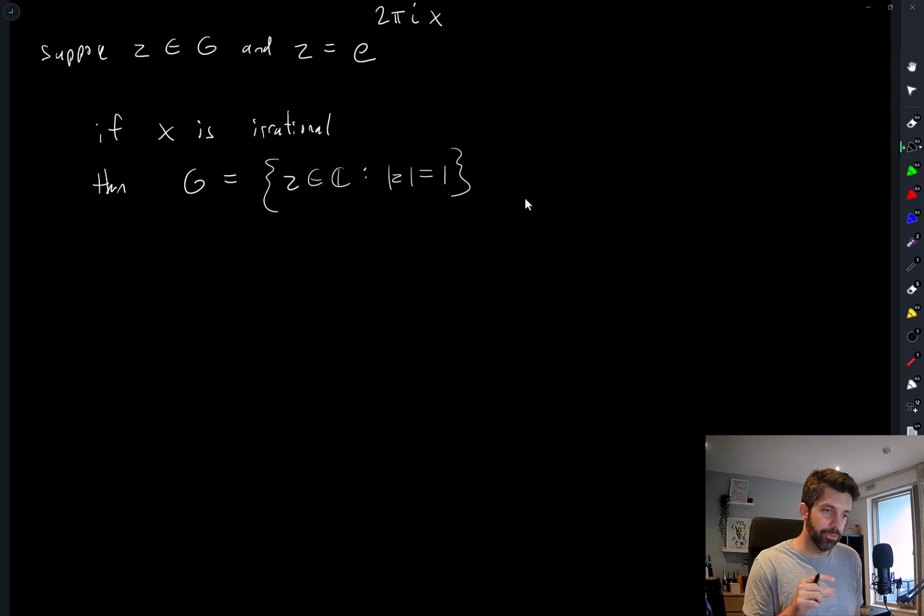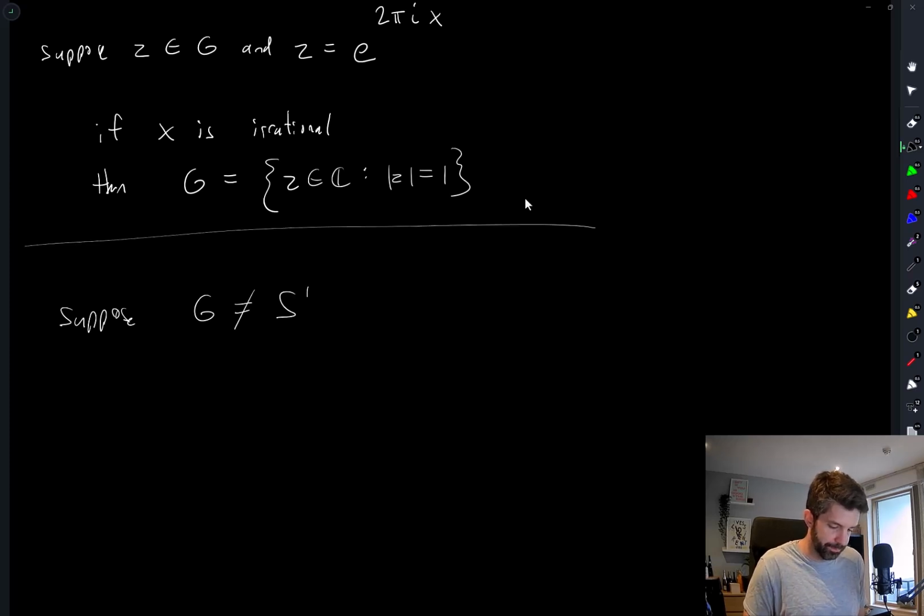Okay, so if the subgroup is not the full circle, then any number in the subgroup, so now let's suppose G is not equal to, I'll just call it S1, the circle.